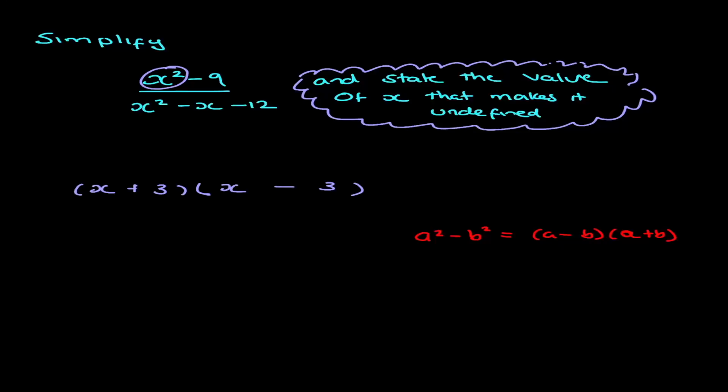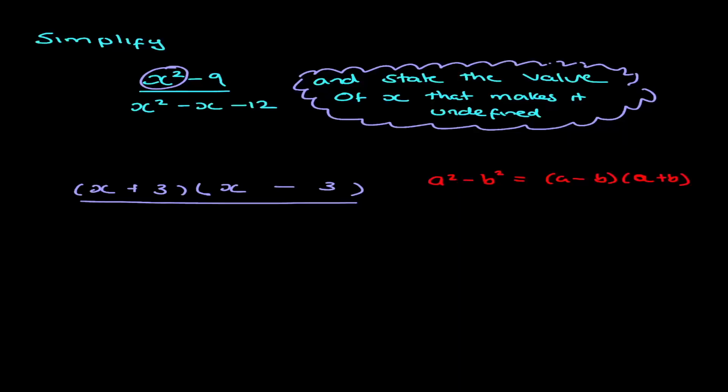And then the denominator, we've got a quadratic. So how do we factorize a quadratic? Well, what we want to do is think of two numbers that multiply to give us 12, but add together to give me -1. So let's write out all the multiples of 12, and they need to multiply together to give me -12, because you've got a negative over here.